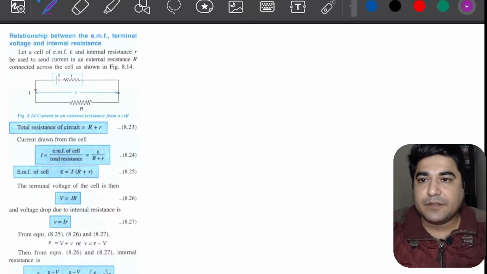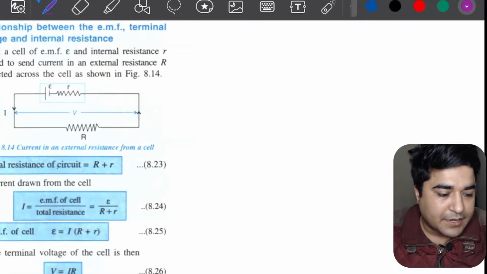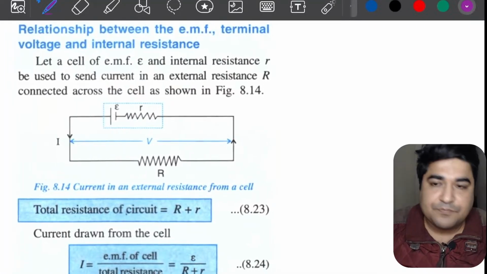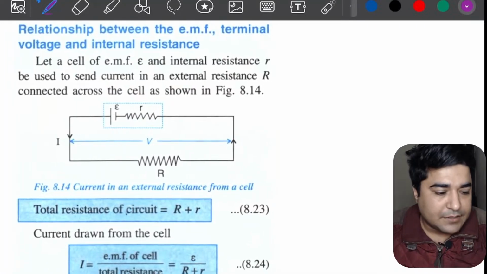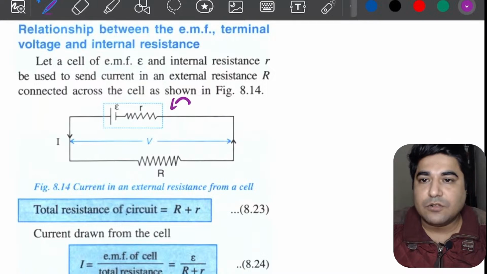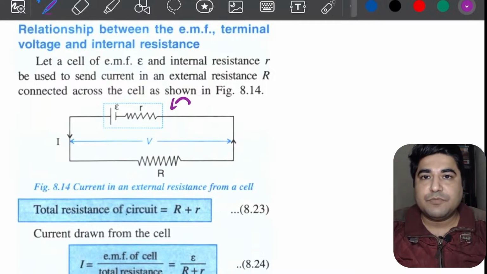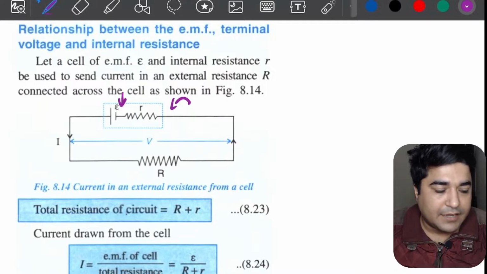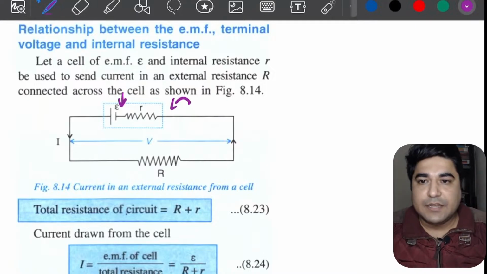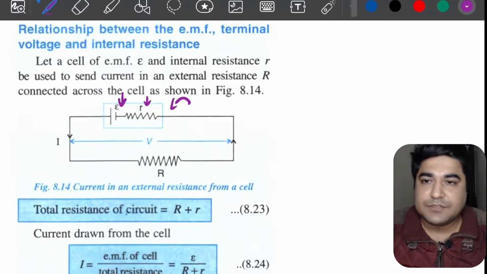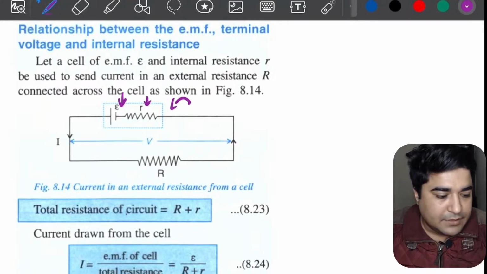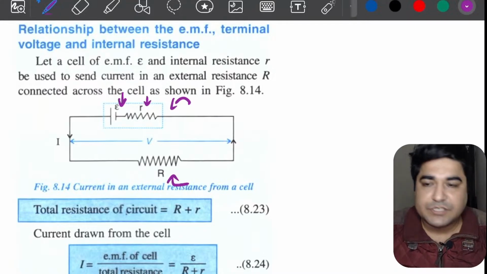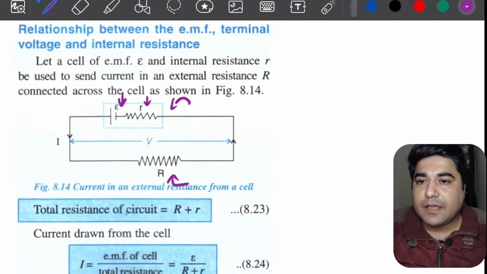Here is a sample circuit. As we have seen previously, this is the arrangement of the internal resistance. Here you can find the EMF of the cell. This is the internal resistance, and there is also an external resistance, capital R, and the current is flowing through the circuit.